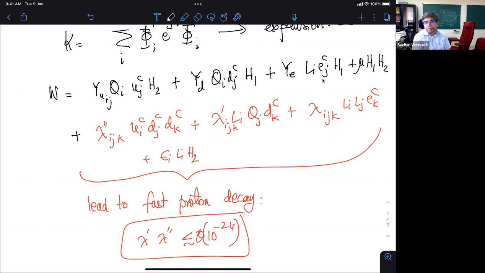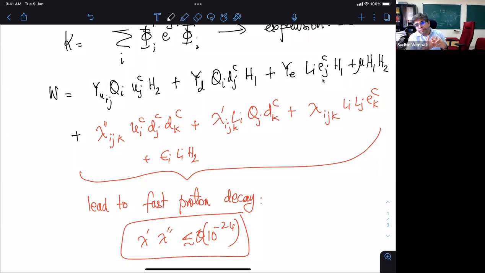L1 and H1 have the same quantum numbers, and there is no way you can distinguish between L and H. In the standard model there is a way of distinguishing them because H is a scalar and L is a fermion. In supersymmetric theories there is no way, because both of them are chiral superfields. So wherever there is an H1, you can replace it by L, and you get all the R parity violating couplings.